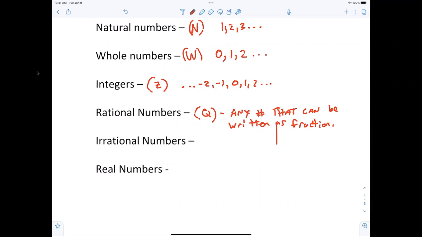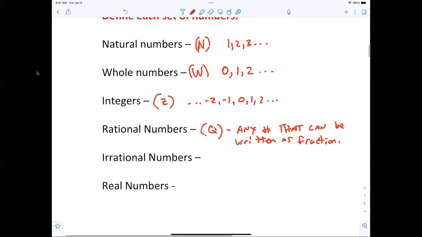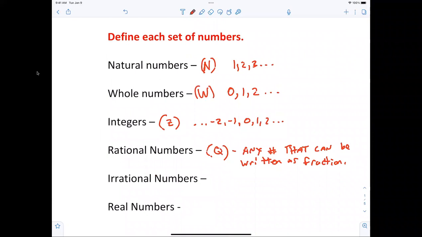All right, any number that can be written as a fraction. Everybody's okay with that? So believe it or not, here's how you think about this. If you are a rational number, hey, everybody's got to listen. If you're rational, you're also an integer. You're also a whole number.